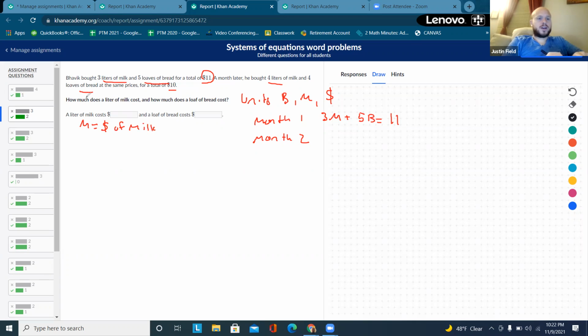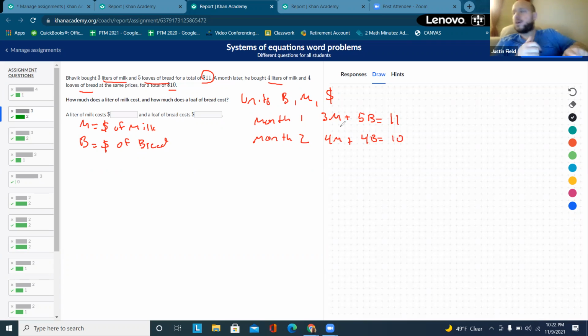And you can see how much does a liter of milk cost. And then B is the price of bread. All right, so what's month 2? Month 2 is going to be 4M plus 4B equals 10.